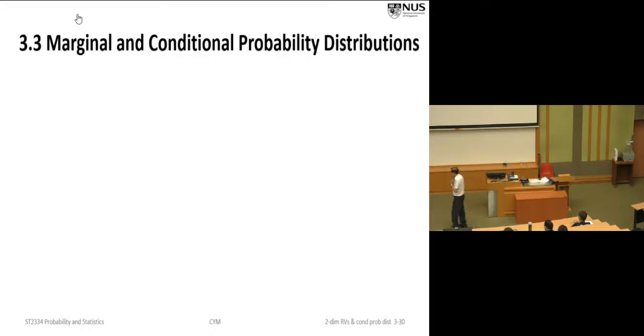So before the recess week, the last lecture we covered joint distribution. Joint distribution means that we have considered two or more random variables at the same time, and how they behave jointly. Once you have the joint probability function or joint probability density function, you know everything about how these random variables behave jointly.